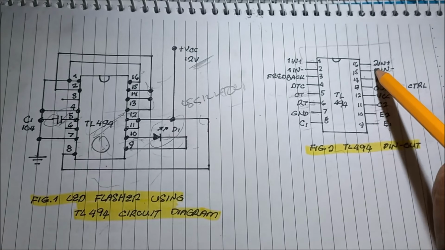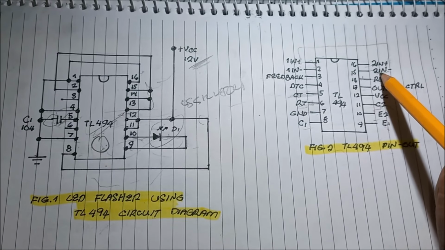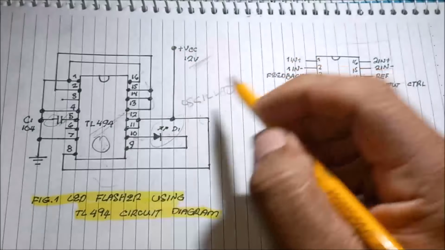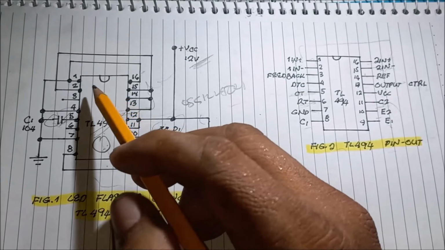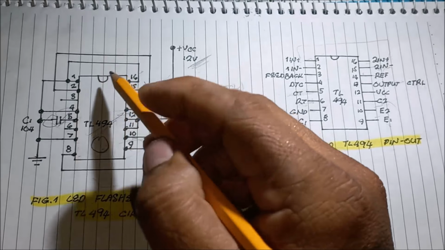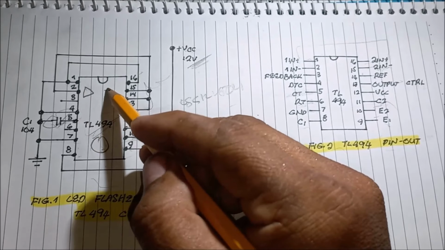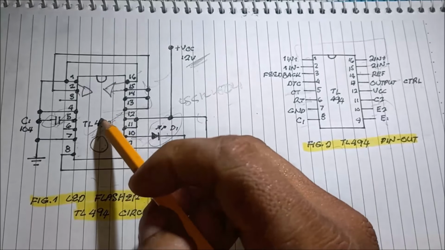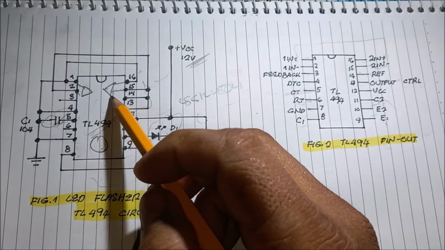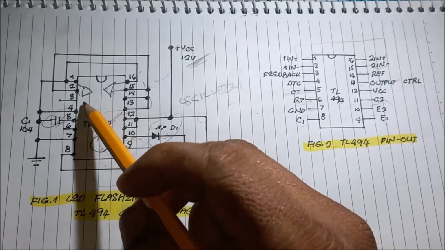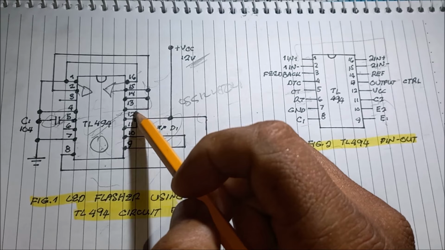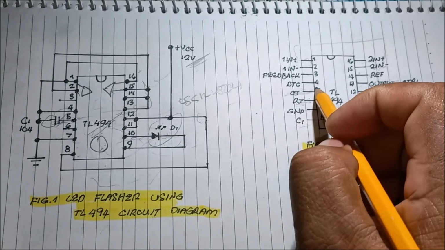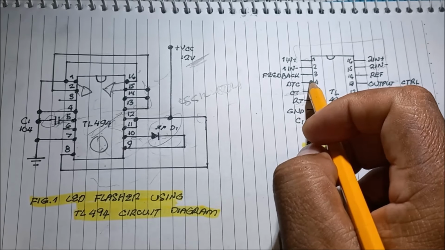And then the second inverting input, we have an error op-amp inside this IC. There is an op-amp connected here and here, so that also controls pin number 4, dead time control.